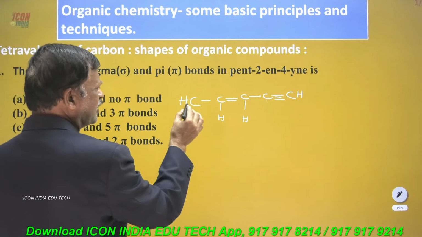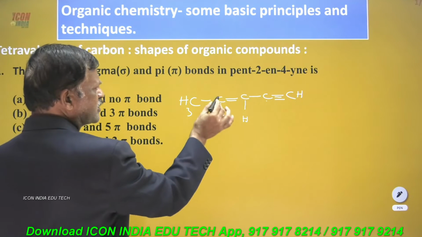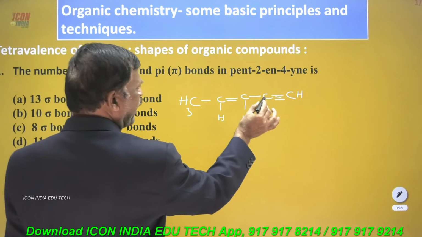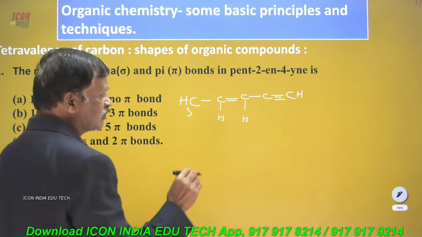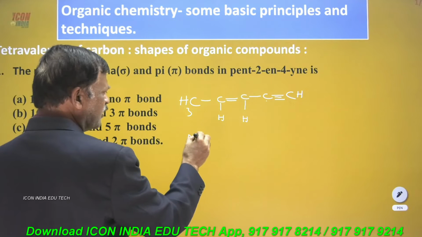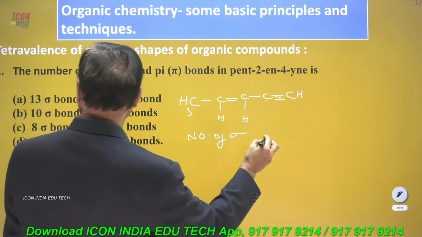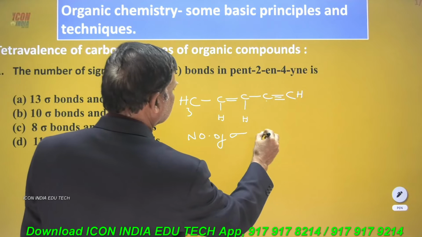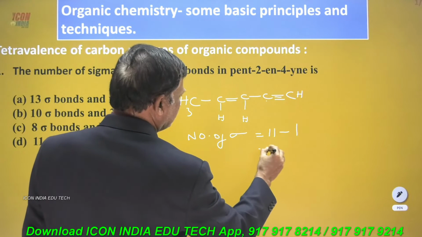How many atoms are there total here? 3 plus 1, 4, 6, 8, 9 plus 2, 11. Total 11 atoms are there. So, number of sigma bonds is equal to 11 minus 1, total number of atoms minus 1, that is 10.